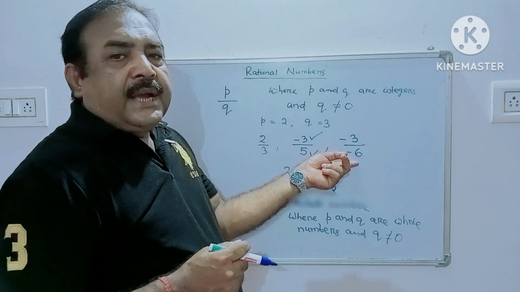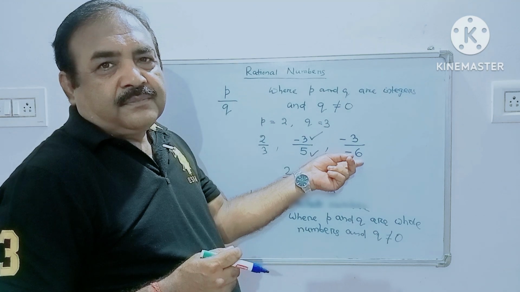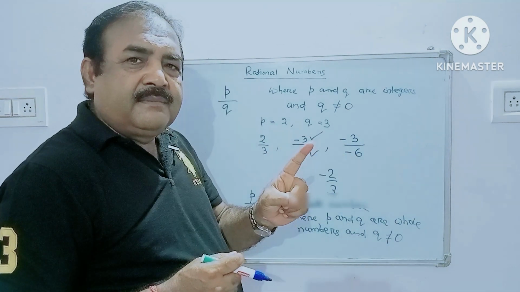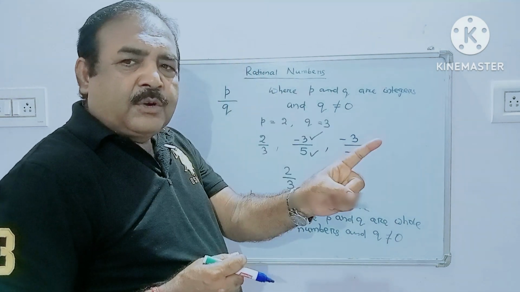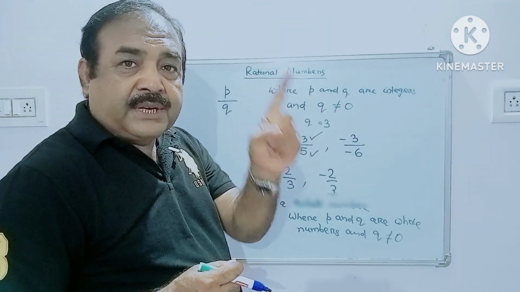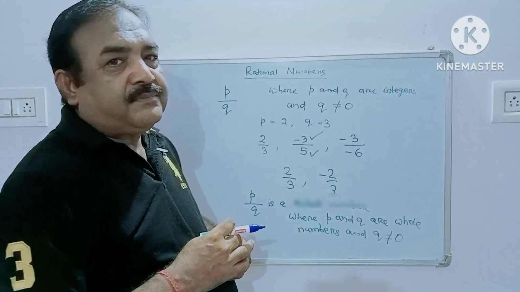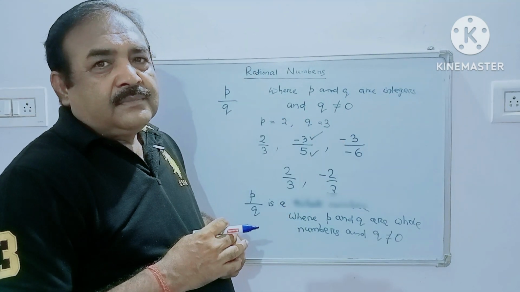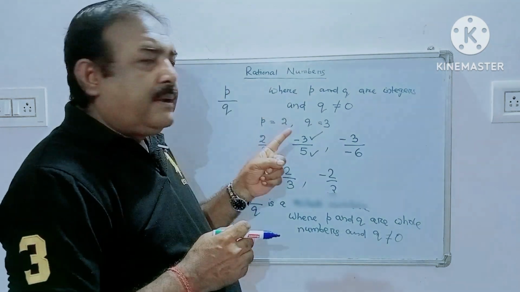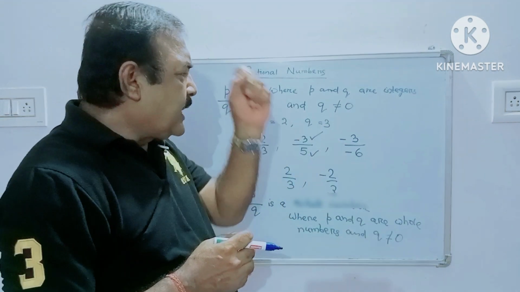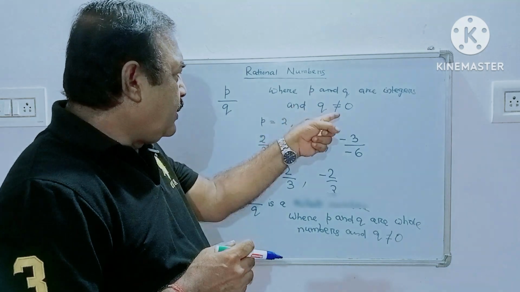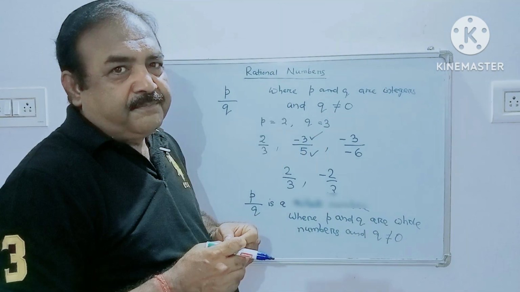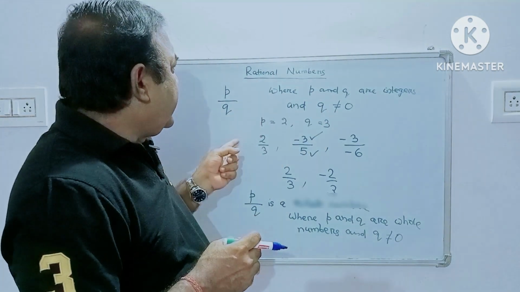The denominator cannot be 0. 0 can be divided, 0 can be quotient, but 0 cannot be the divisor. We cannot divide a number by 0. So 0 cannot be a divisor. So we write like this. So you see the difference.